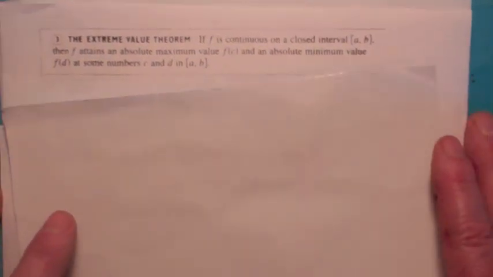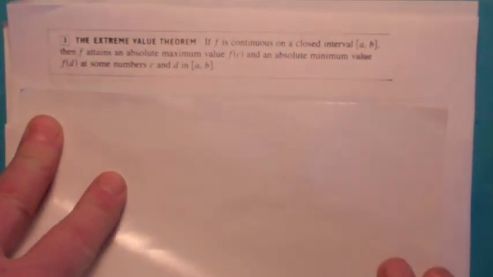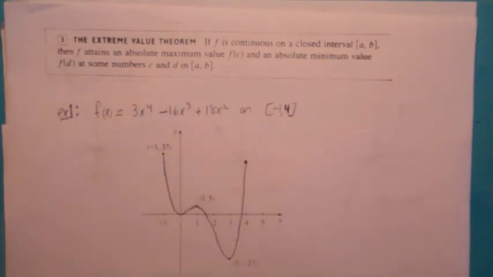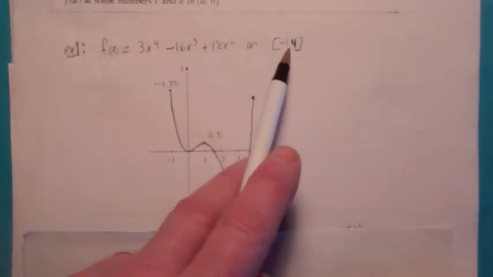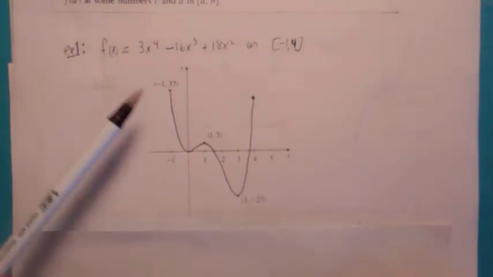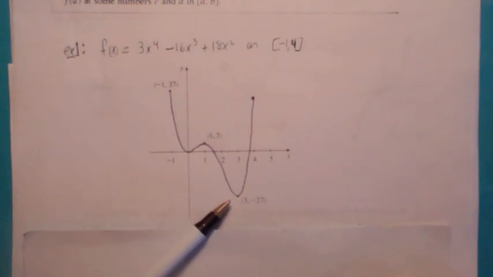It says, if you know a function is continuous on a closed interval a, b, then you are 100% sure that it will obtain both an absolute max and an absolute minimum somewhere on a, b. So if you look at this function here, this function is a polynomial that's continuous on -1 to 4. The theorem says it will definitely have an absolute maximum and an absolute minimum.